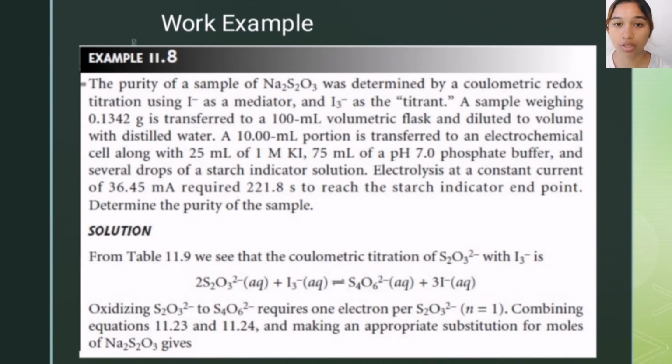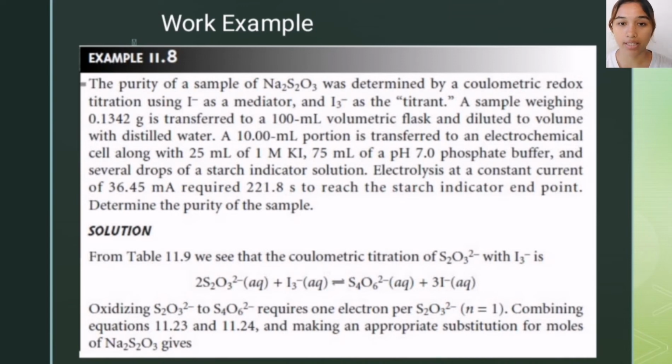A 10.00 mL portion is transferred to an electrochemical cell along with 25 mL of 1 M potassium iodide, 75 mL of a pH 7.0 phosphate buffer, and several drops of a starch indicator solution. Electrolysis at a constant current of 36.45 mA required 221.8 seconds to reach the starch indicator endpoint. Determine the purity of the sample.